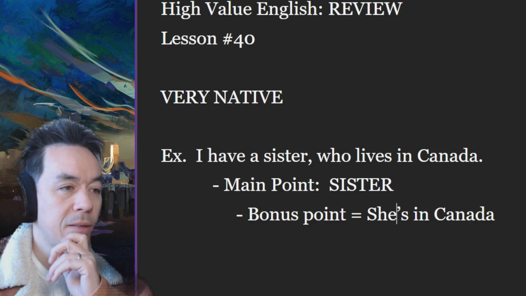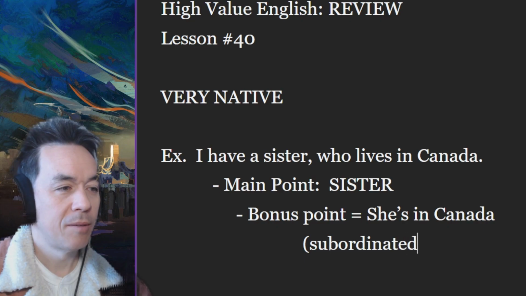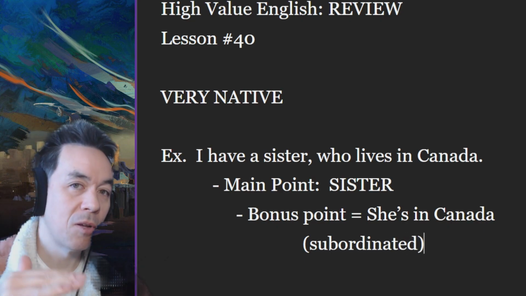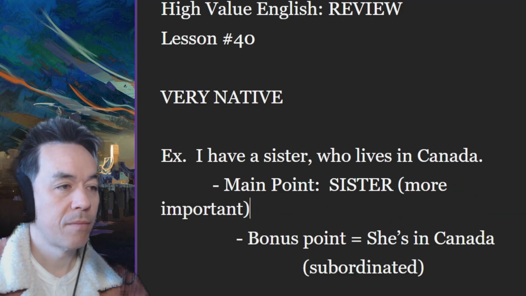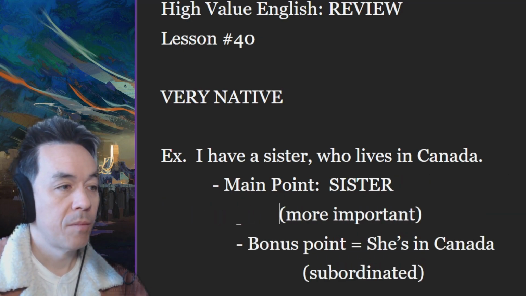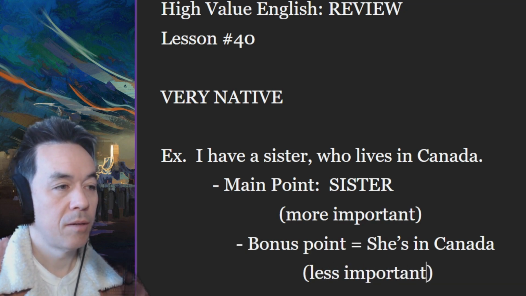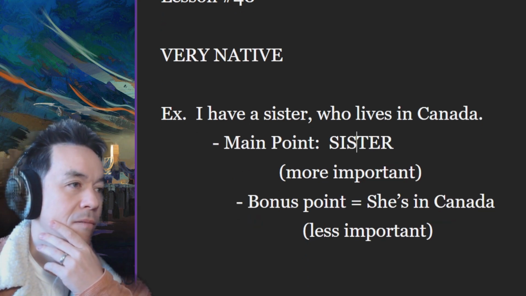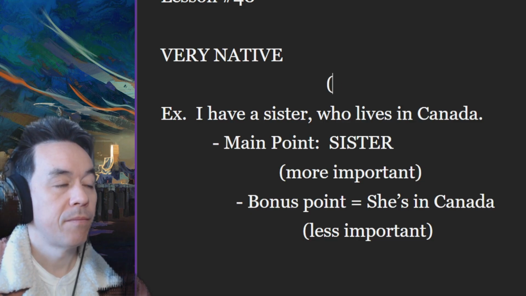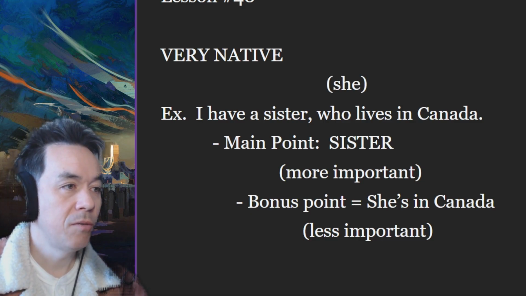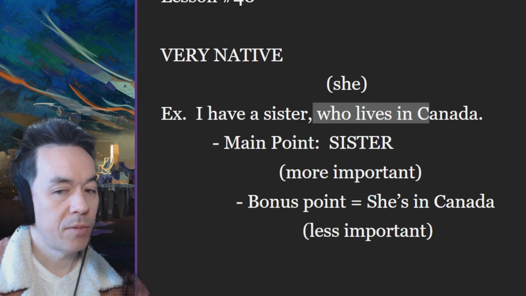You could say this is subordinated, which means lower level, lower importance. This one is more important, and this is less important. She lives in Canada, the same message.